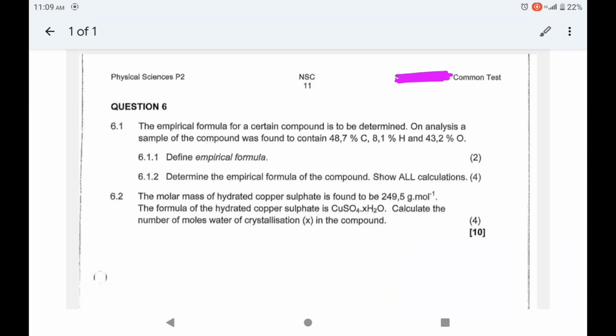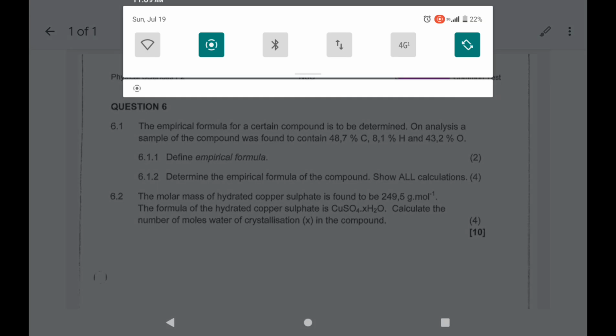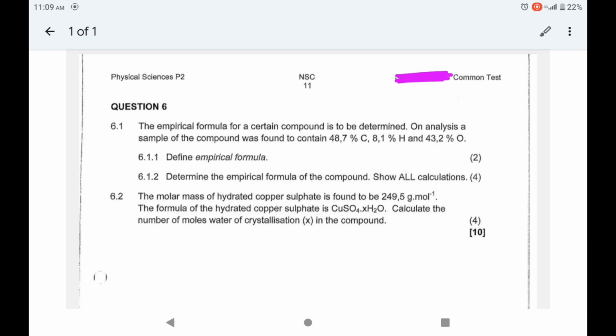The molar mass of hydrated copper sulfate is found to be 249,5 grams per mole. The formula of the hydrated copper sulfate is CuSO4.xH2O. Calculate the number of moles of water of crystallization, x, in the compound.